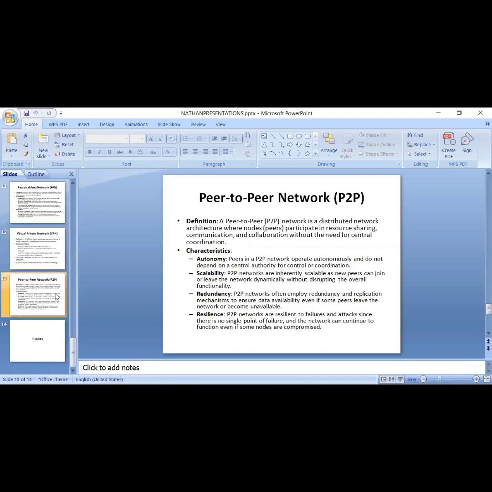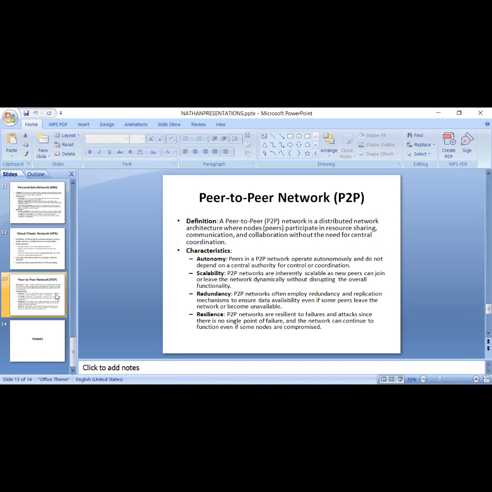We also have the peer-to-peer network. A peer-to-peer network is a distributed network architecture where nodes or peers participate in resource sharing, communication, and collaboration without the need for central coordination. The characteristics of this network are autonomy.